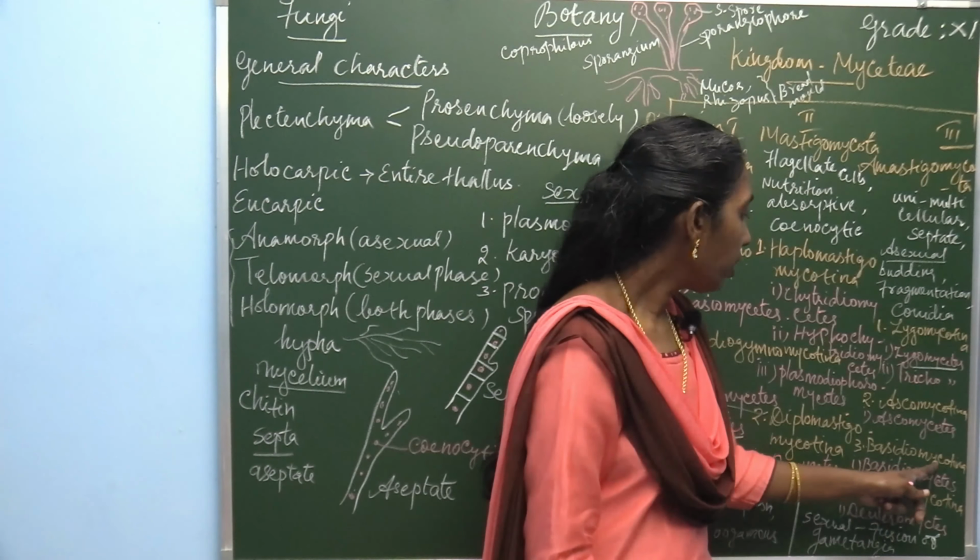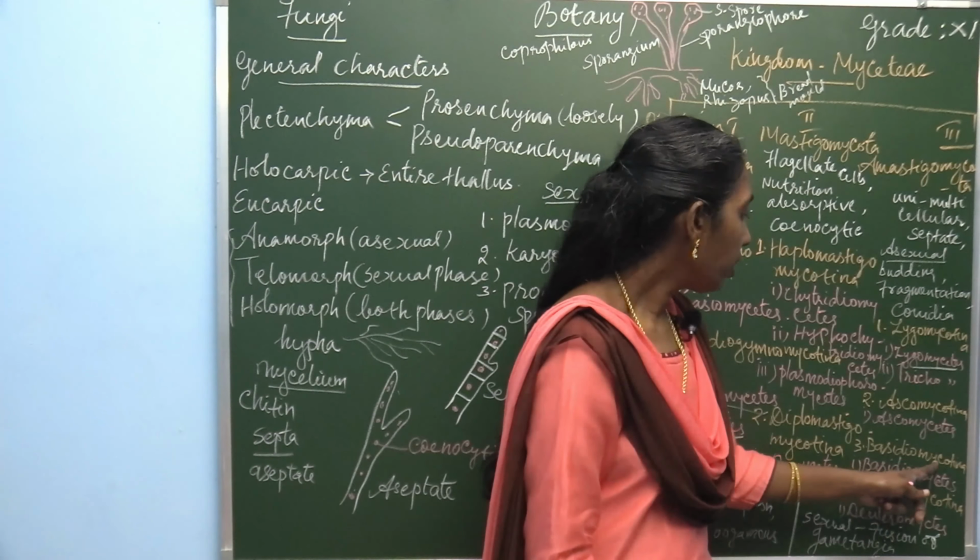You are going to learn in brief about a few classes here: Oomycetes, Zygomycetes, Ascomycetes, Basidiomycetes and Deuteromycetes. Let's see only two today and the remaining in the next class.